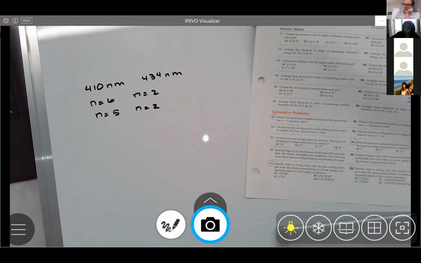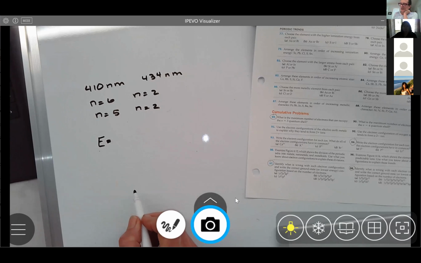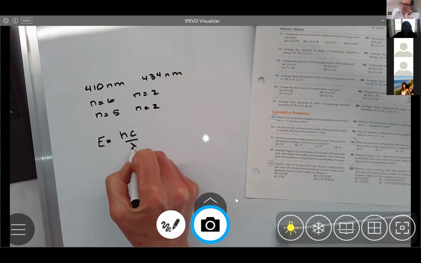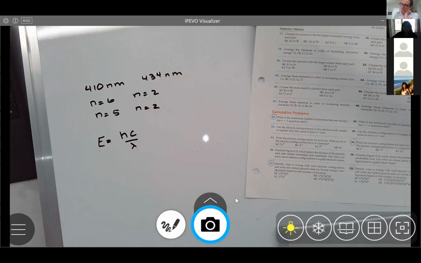Okay. So, n equals 6, so E, hold on. Okay, you guys can still see my whiteboard, right? Okay, so E is equal to hc over lambda. And we have two transitions.